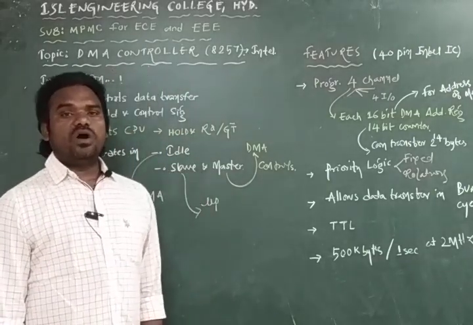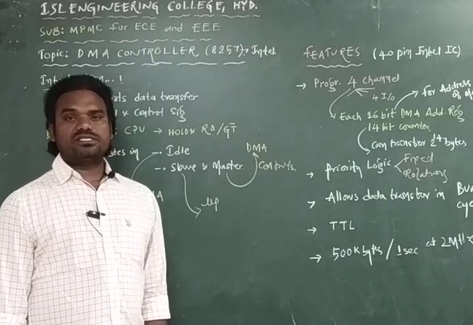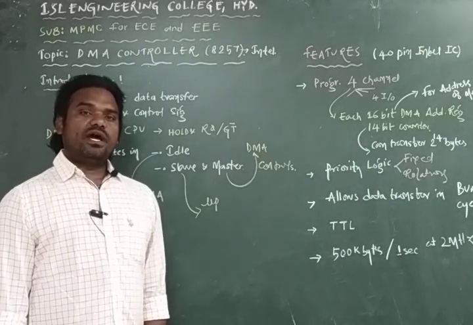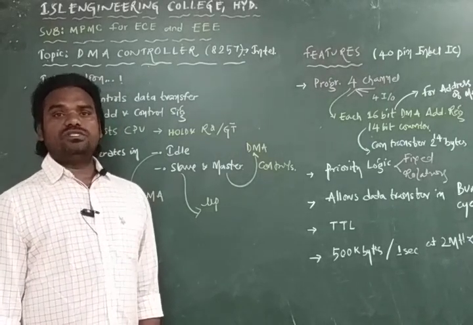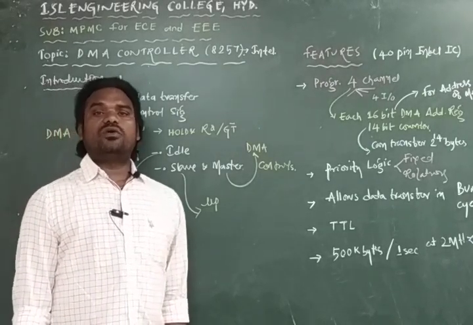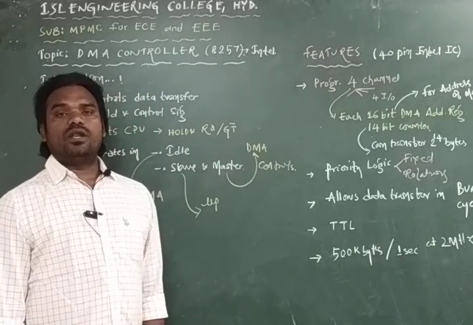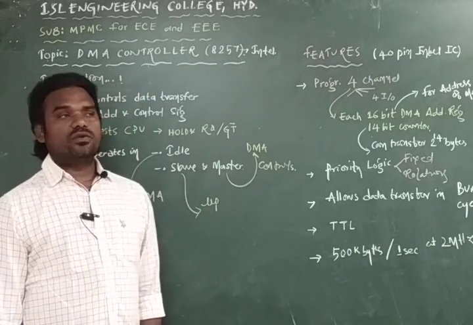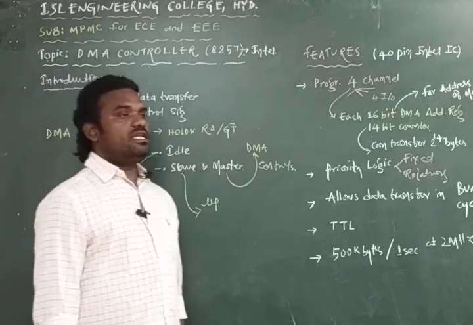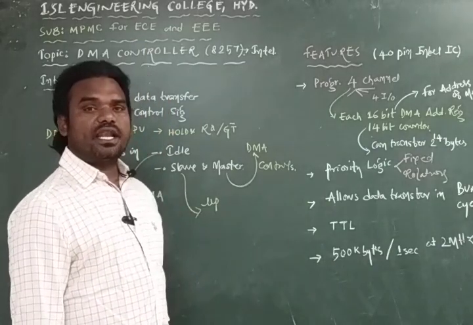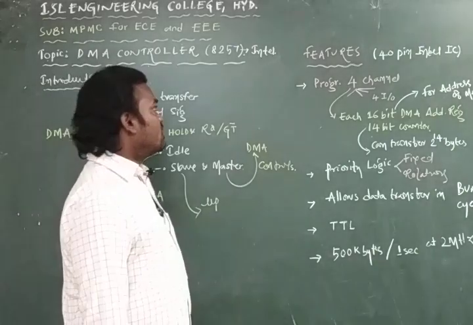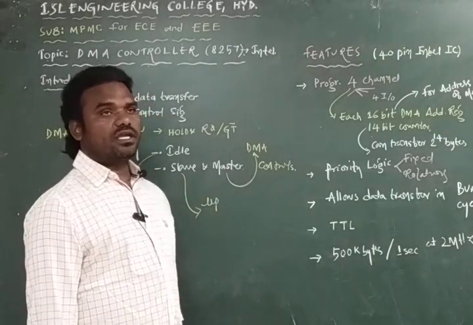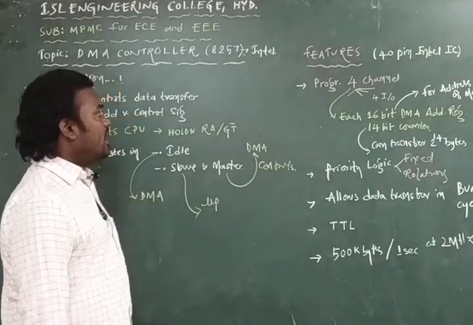Without involvement of the processor, the input-output devices directly access the data from the memory using an integrated circuit called the DMA controller, the direct memory access controller. We get this DMA controller as an integrated circuit produced by Intel with the number 8257.